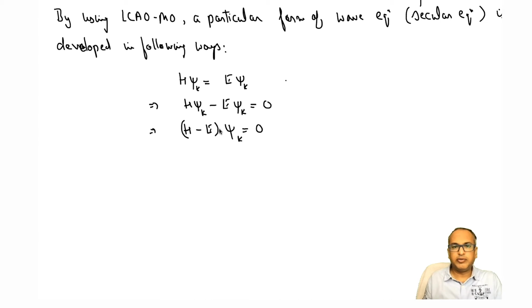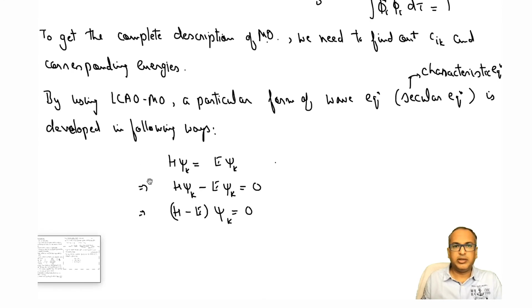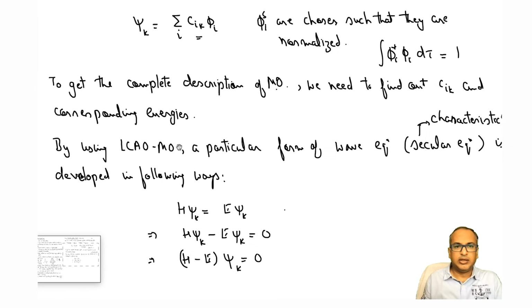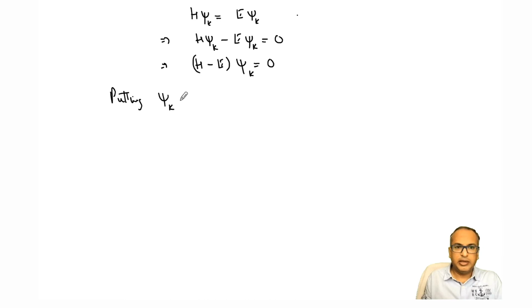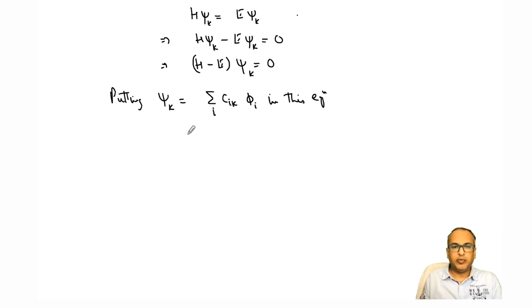Now substituting the value of psi k from the above equation, which is the linear combination, putting psi k equal to summation over i of c ik phi i in this equation, we get H minus E, phi i, and c ik is outside the summation over i.